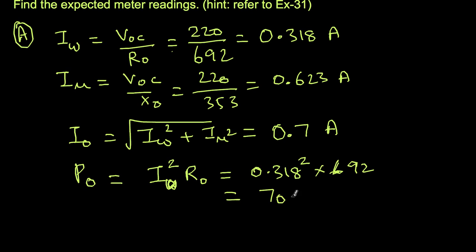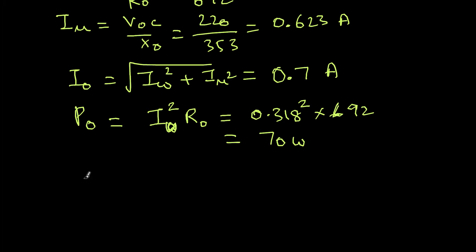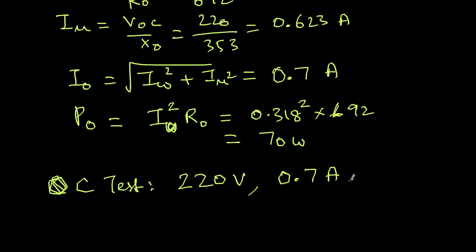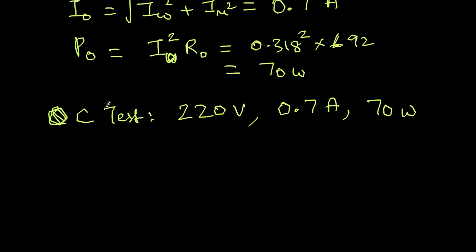I am getting 70 watts. Therefore, in my open circuit test I will get a voltage of 220 volts, a current of 0.7 amperes and a power of 70 watts. This is what I expect as the open circuit test results.